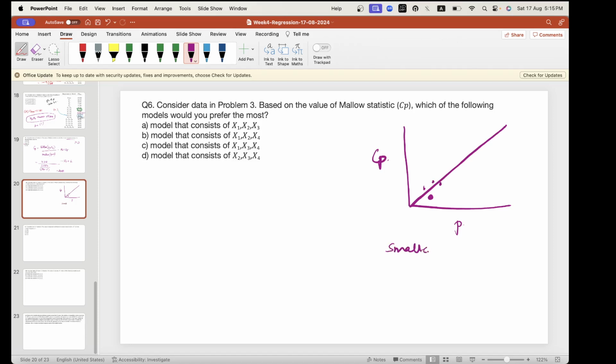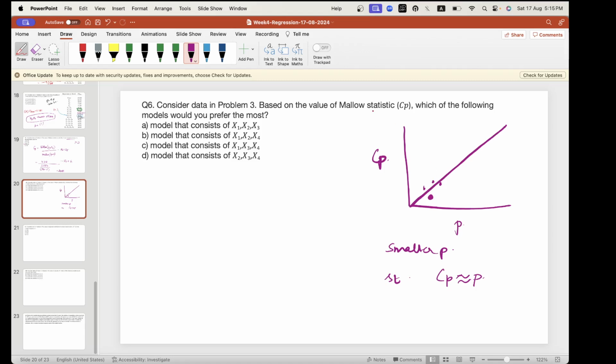So we would want smaller p such that Cp is approximately equal to p. If we plot the Cp versus p for all our models, we should be in a position to select only those variables which are towards this end of the graph.